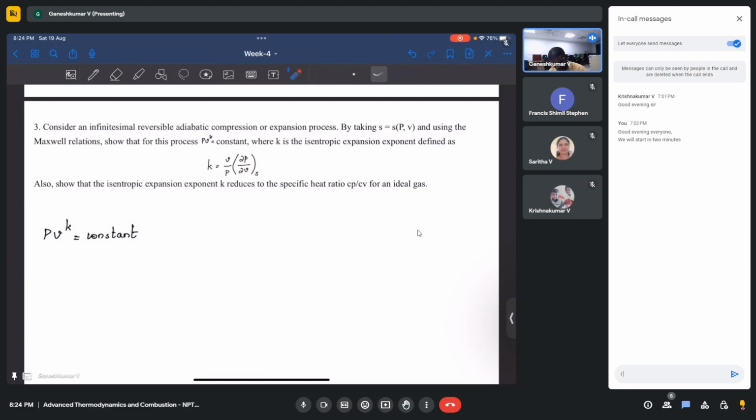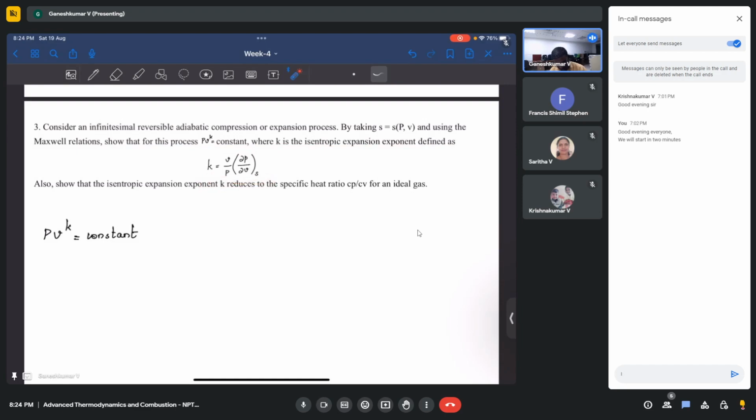Let's consider an infinitesimal reversible adiabatic compression or expansion process. By taking S as a function of P and V and using the Maxwell relation, show that PV to the power K is equal to constant, where K is the isentropic expansion exponent defined as this.